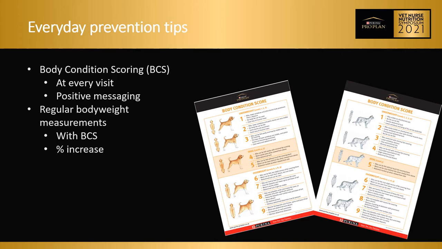We do really need to play a part in raising awareness on what is normal. Also, really focusing on the positive aspects of clients' pets being a healthy weight, like living longer, healthier aging, being more active, less pressure on their joints, rather than constantly focusing on the negative elements of being overweight. This again might really help change that mindset to owners.